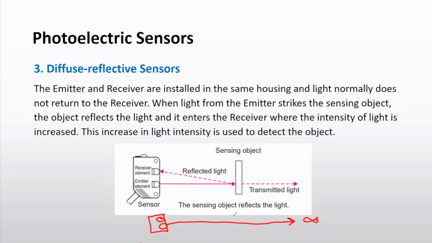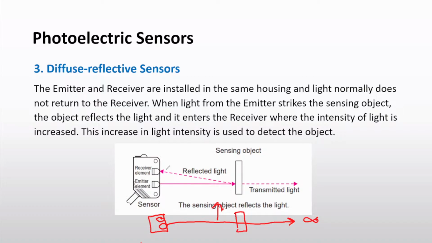But what happens if there is the presence of an object? It's like this. You can see this emitted light strikes the sensing object. Then it reflects the light towards this receiver.